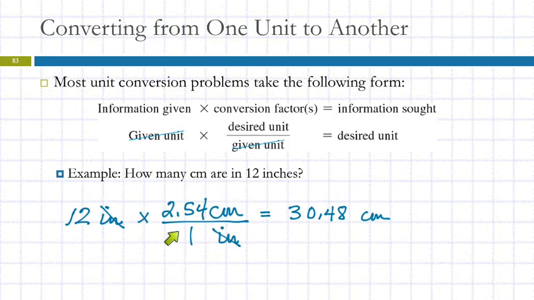So this is an exact number, and in a calculation, when we're trying to keep track of sig figs, we say, we can ignore that one. It cannot limit our answer in terms of sig figs. So because this is exact, we started with 2, we're going to end with 2. So we're going to keep the 3 and the 0, and we're going to say this is 30.